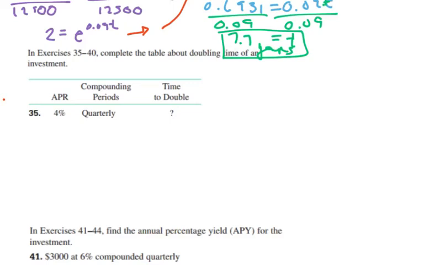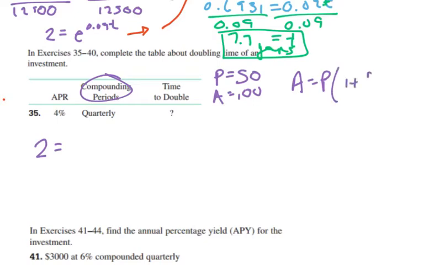Alright, so this next one here, again, this idea of time to double does not matter what your initial amount is. For instance, we could do 50 and then the amount after the double is 100. But remember that just means that the P and the A are kind of moot and we can just put a 2. We're compounding quarterly, so we are going to have to use the equation A equals P times 1 plus R over K to the KT.